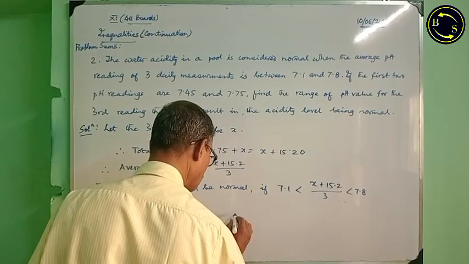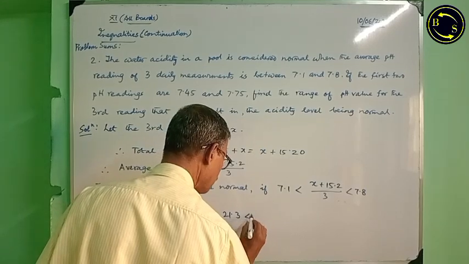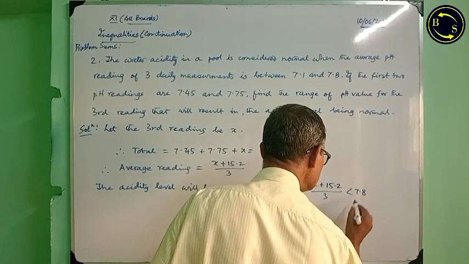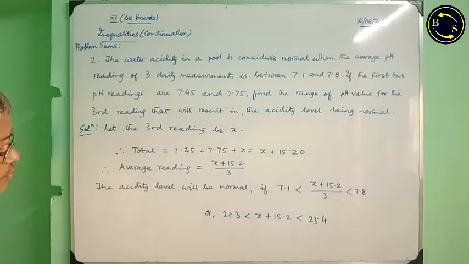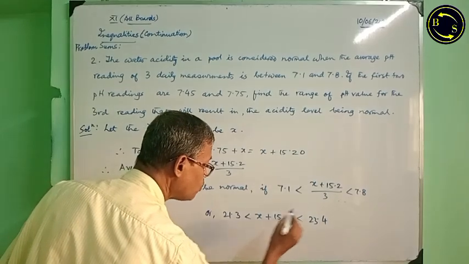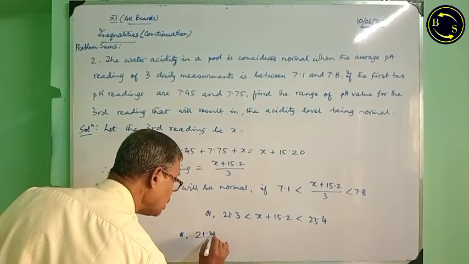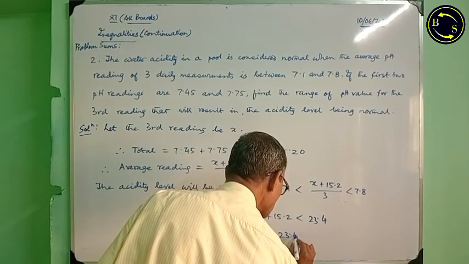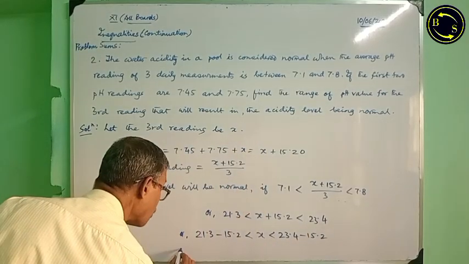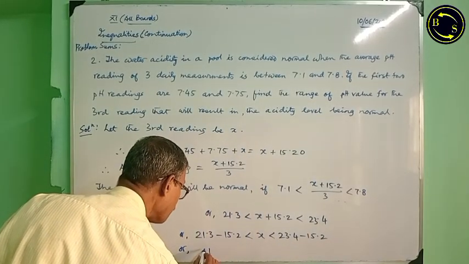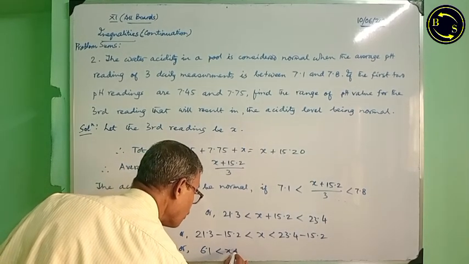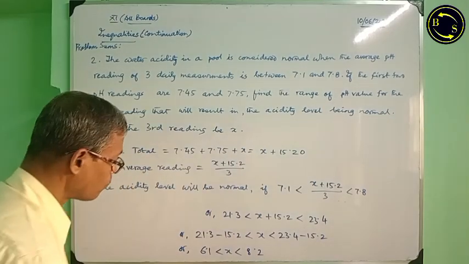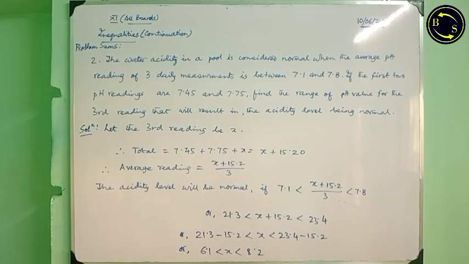Now we simplify, or we subtract 15.2 from each. 21.3 minus 15.2 less than x less than, or 6.1 less than x less than 8.2.